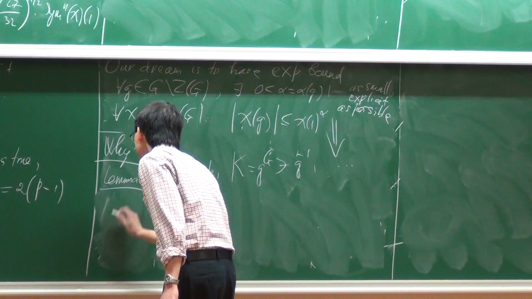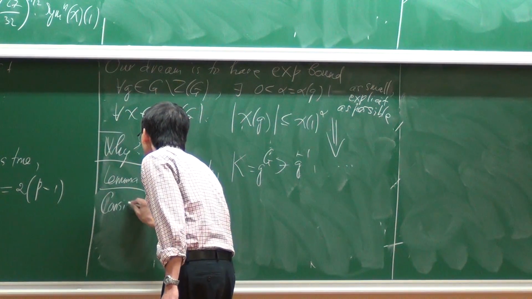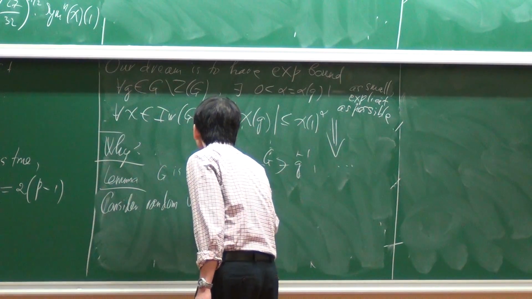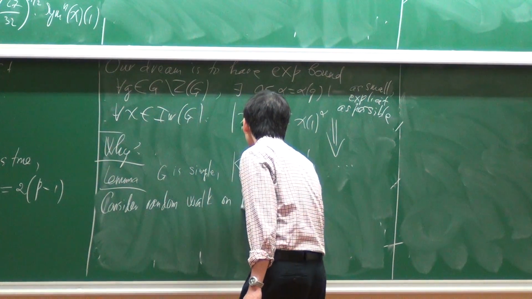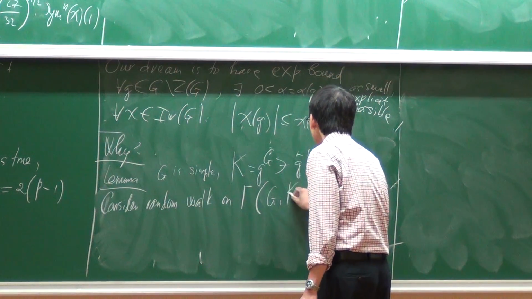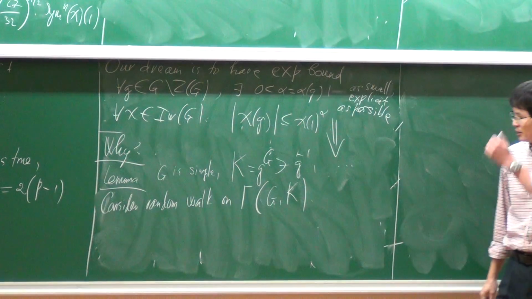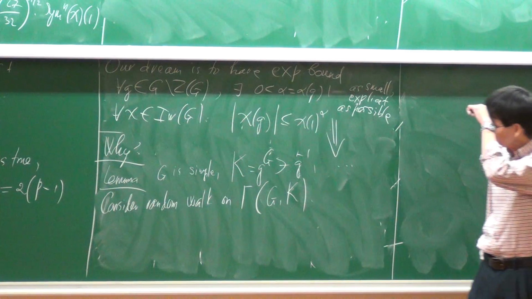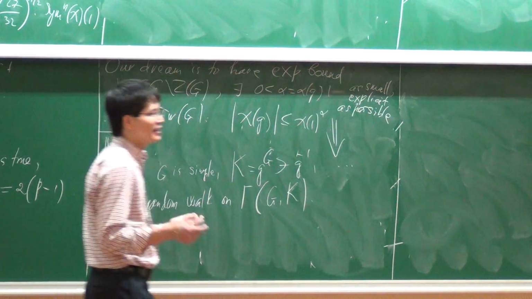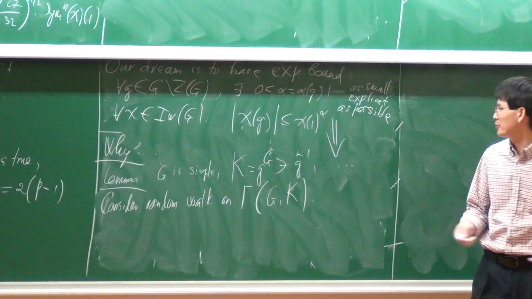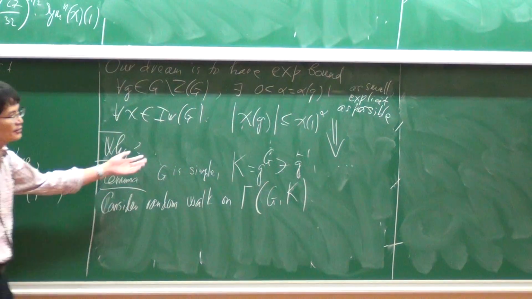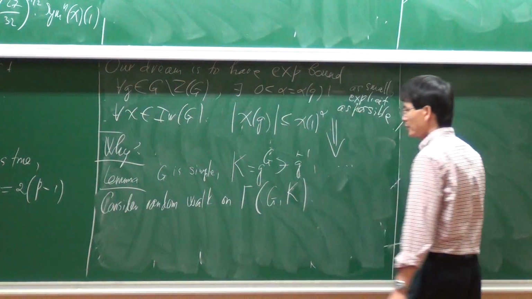let's consider the random walk on the Cayley graph of G with respect to this class K. It means that the vertices of this graph are going to be the elements in the group, and the edges are given by the conjugates of g. And the graph is undirected because the class is real. Okay.